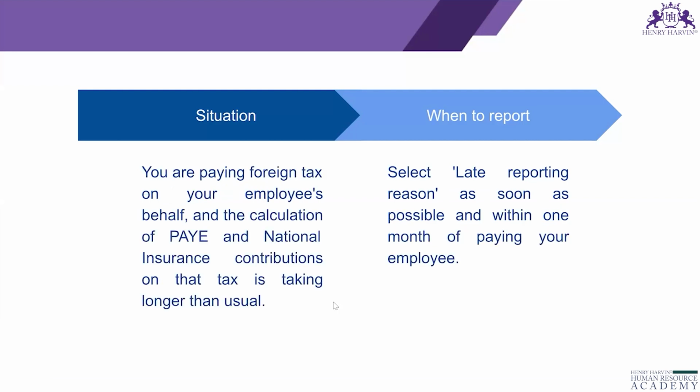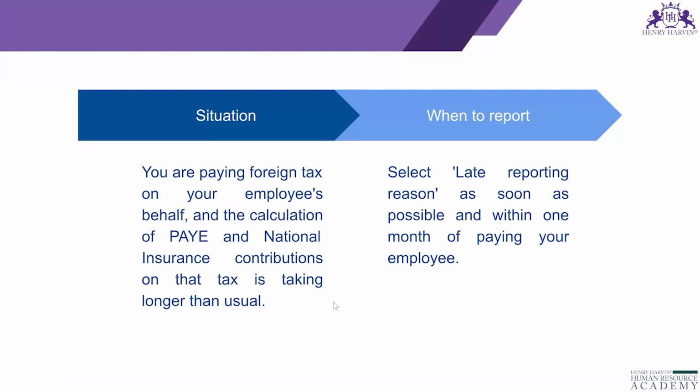The other situation could be you are paying foreign tax on your employee's behalf, and the calculation of pay and national insurance contribution on their tax is taking longer than usual. If you have an employee on whom you are paying foreign taxes, it can take more time.